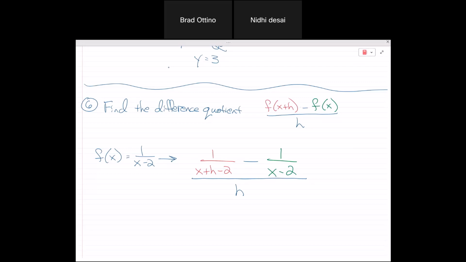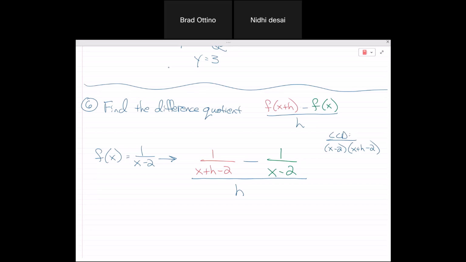So the way we're going to do that on top is we just have to get a common denominator. It looks like the least common denominator is going to be the x minus 2, and we're also going to need an x plus h minus 2. So what we're going to do is get that denominator under each fraction in order to combine them.